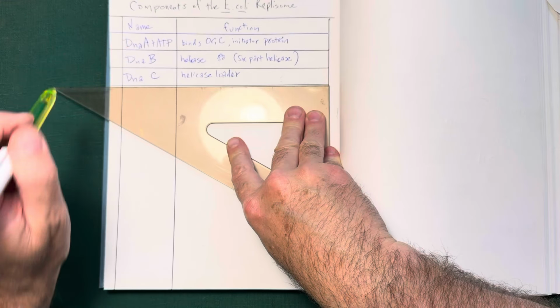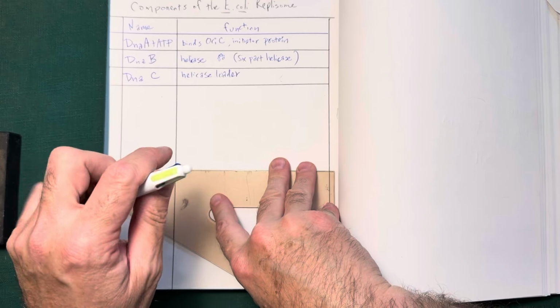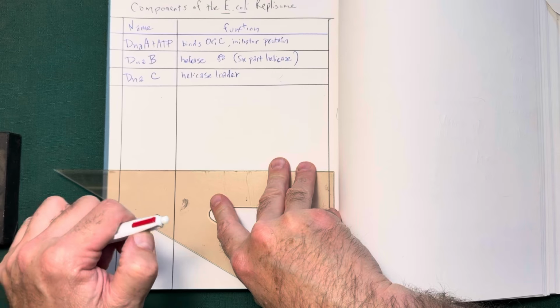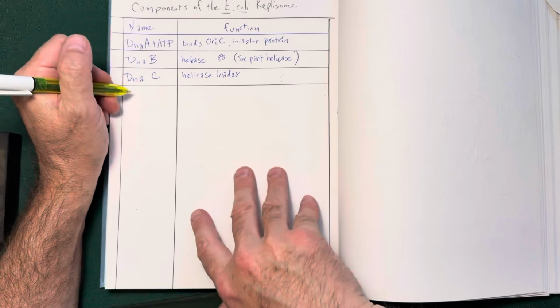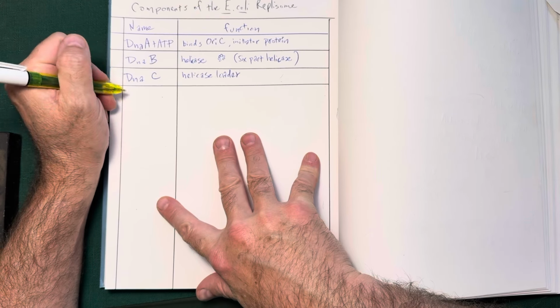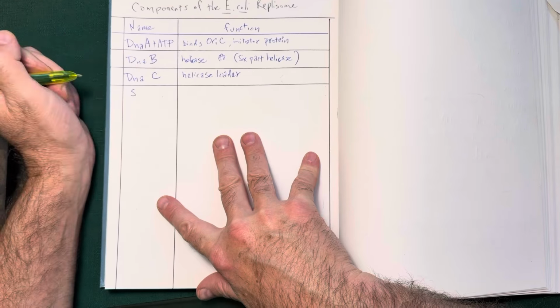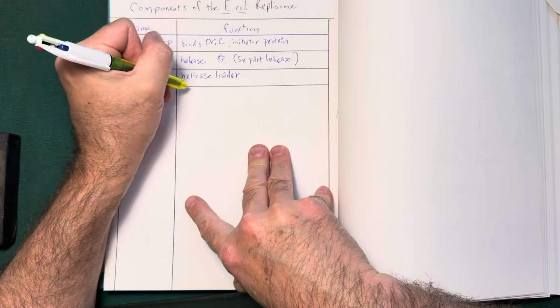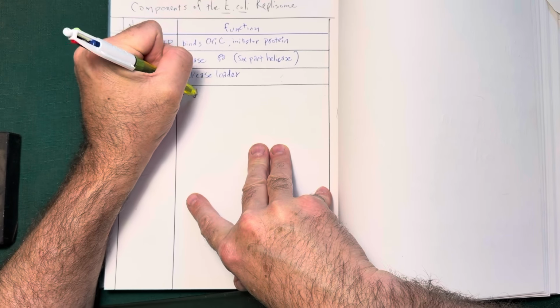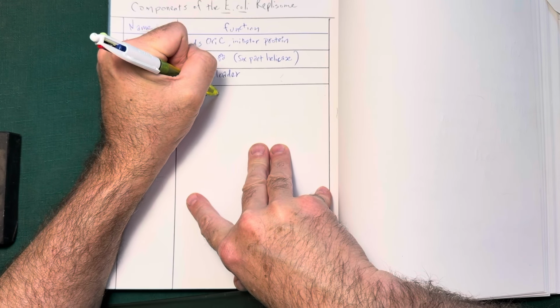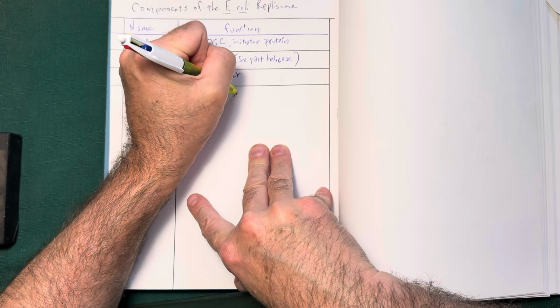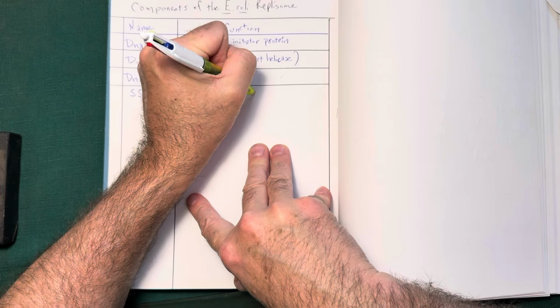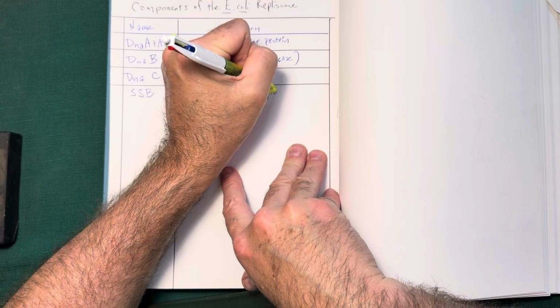So next component, you might think it's going to be DnaD. It's not. It's going to be these proteins that are not really enzymes, but they're just called SSBs, for single strand binding proteins.